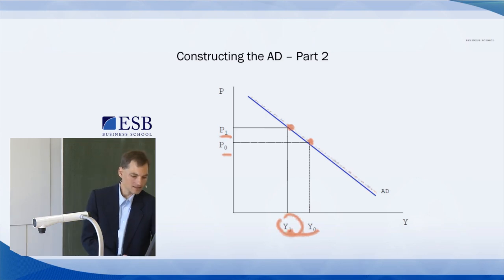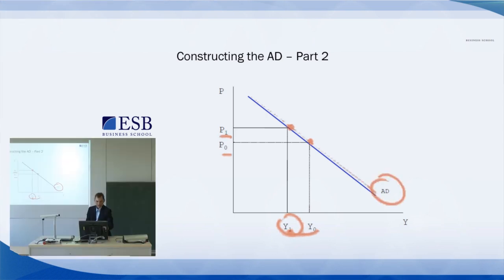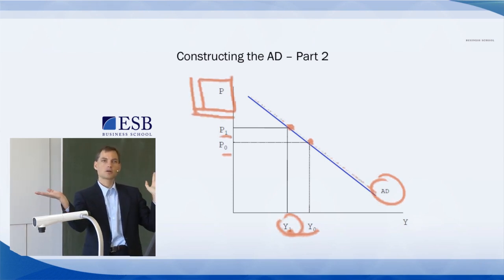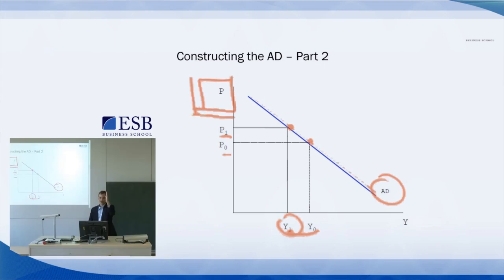And that is what we call AD. The only difference, keep in mind, now we have here on the vertical axis not the real interest rate, we have the price level. So the AD, the aggregate demand curve, is a downward sloping curve in the space output on the horizontal axis and price on the vertical axis.